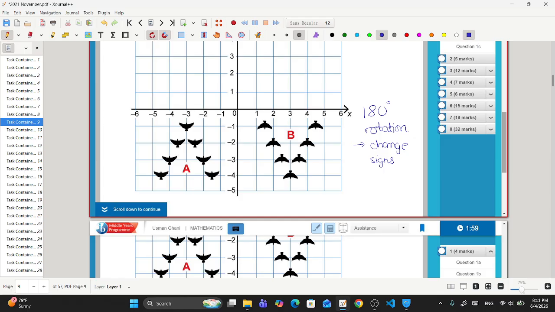Now I ask you this question. Let's take this bird as our reference. This one. It is present at (-3, -1) initially. If we apply the first rule of rotation, that is going to be (3, 1).